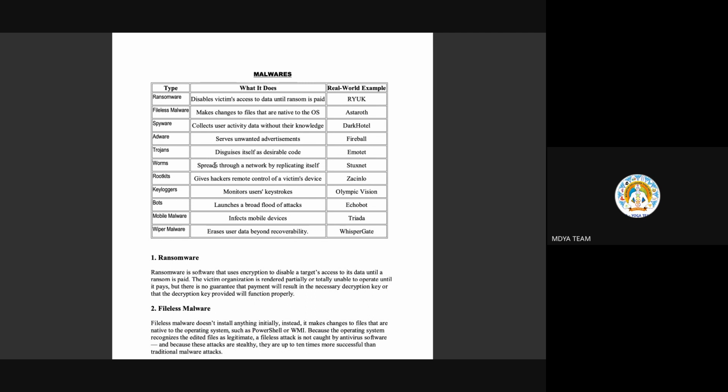This fileless malware doesn't install anything initially. Instead, it makes changes to files that are native to the operating system, such as PowerShell or WMI, because the operating system recognizes the edited files as legitimate.